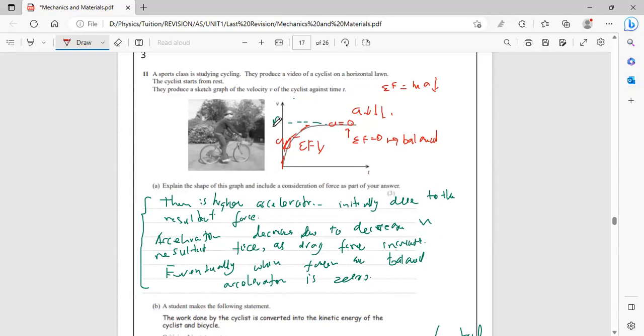So initially there's an acceleration, so there is a resultant force. Acceleration decreases gradually as the drag force increases. Finally, forces are balanced, so the acceleration becomes 0.